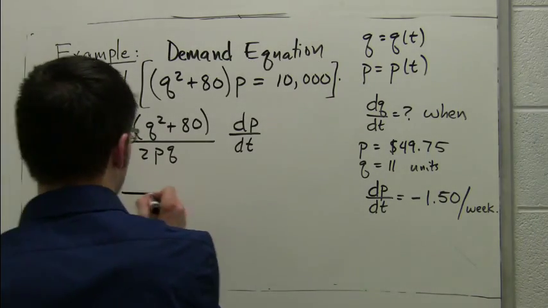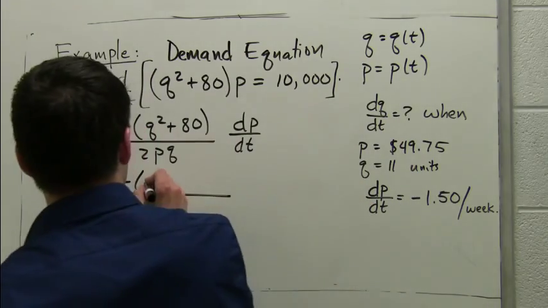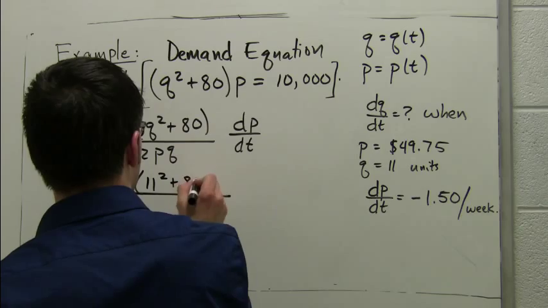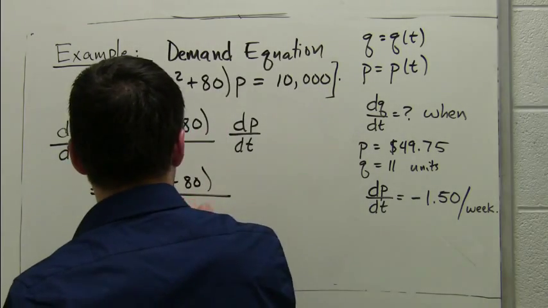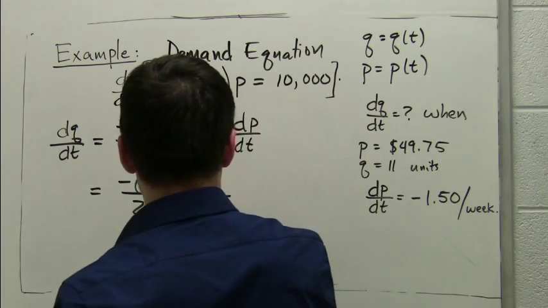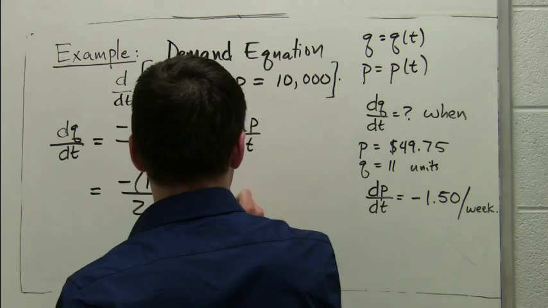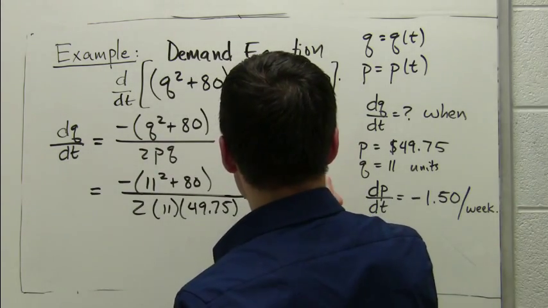So what happens here is I just put in my values. I get a minus. Q is equal to 11, so this is 11 squared plus 80 over 2 times 11 multiplied by P, which is $49.75, times dp dt, which is minus $1.50.